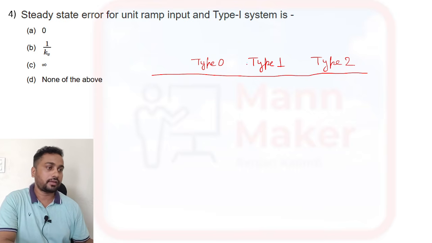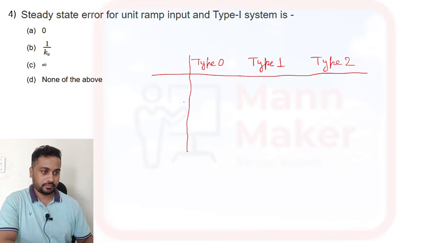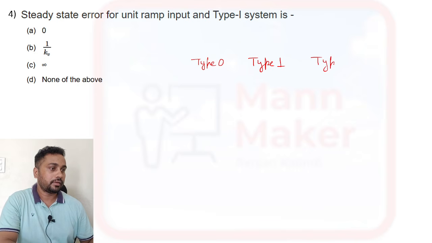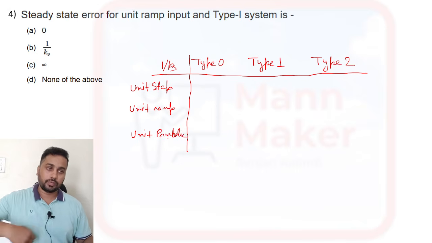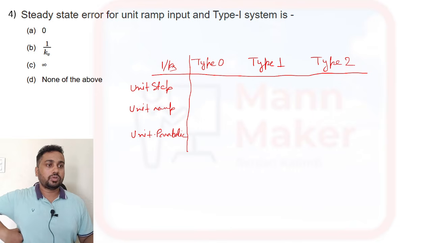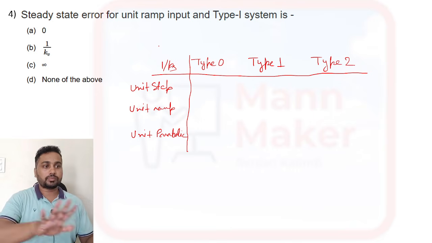And for that, we have inputs: unit step, unit ramp, and unit parabolic. Here they have asked for the ramp input.